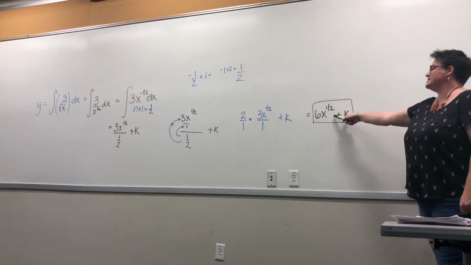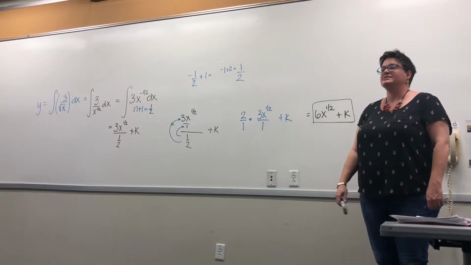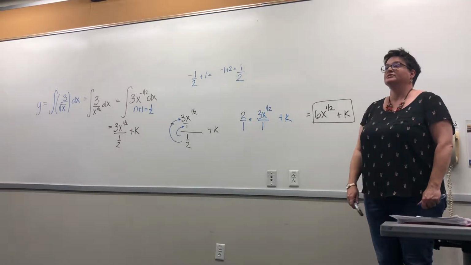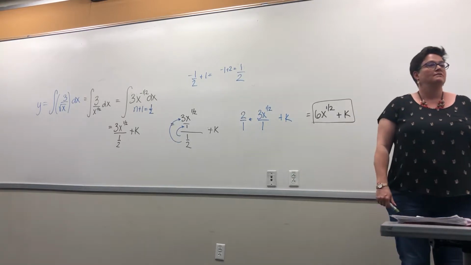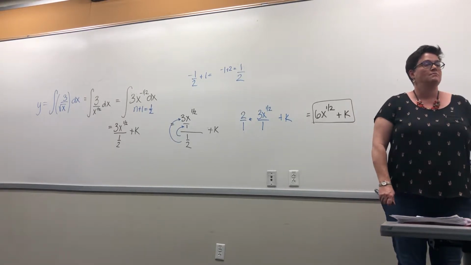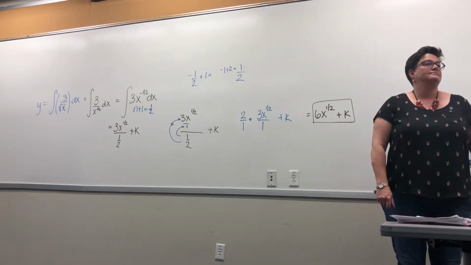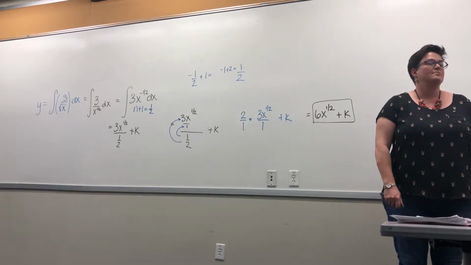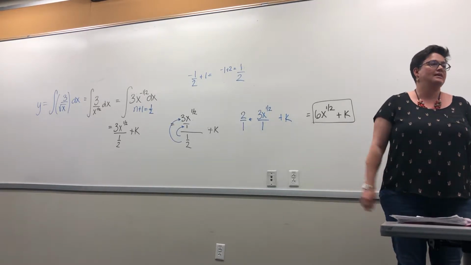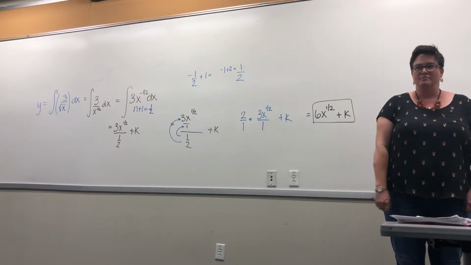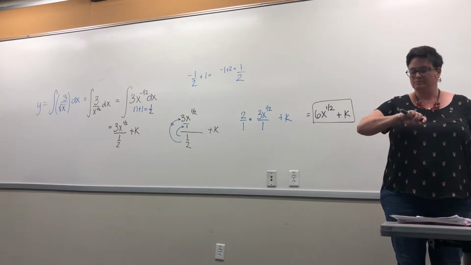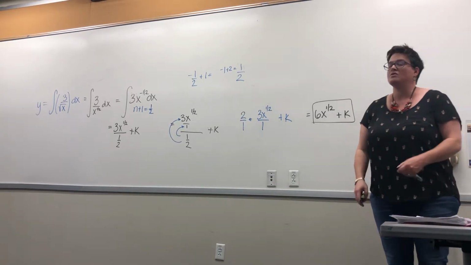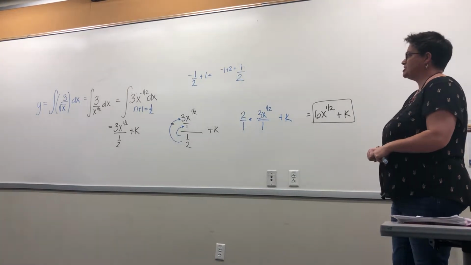It's much nicer to have a simplified version, especially if you want to take a derivative to test your work. Is this the shortcut? This is it. Make it pretty, integrate. Equals 6x to the 1/2. One more, and then we'll do an application problem.